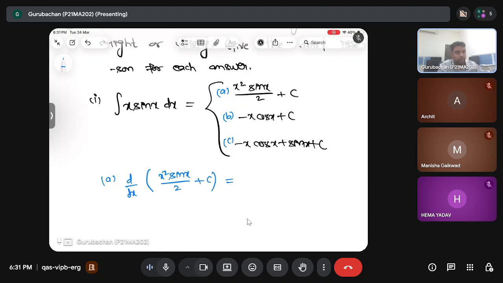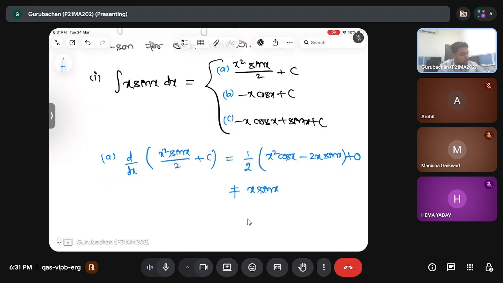By product rule, 1 by 2 will be outside, so x squared cos x plus 2x sin x plus 0. Clearly it is not equal to x sin x, so the first one is not the answer.